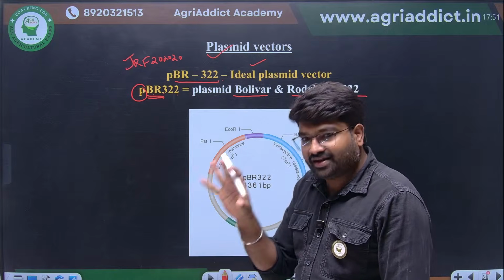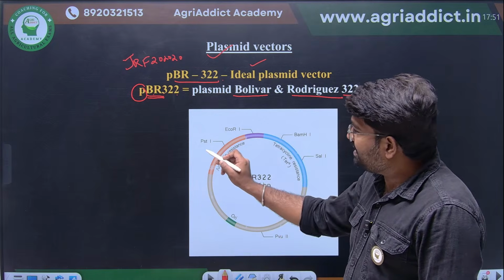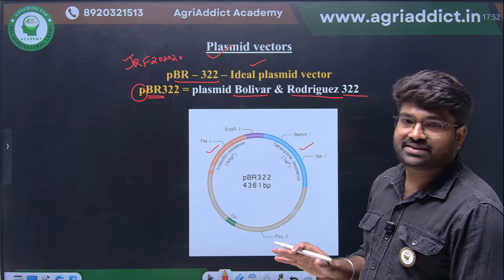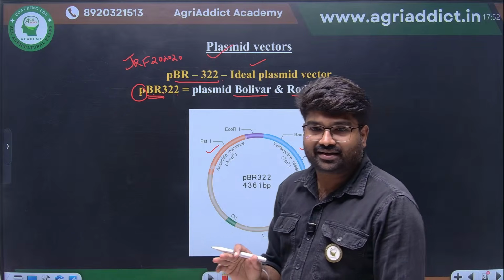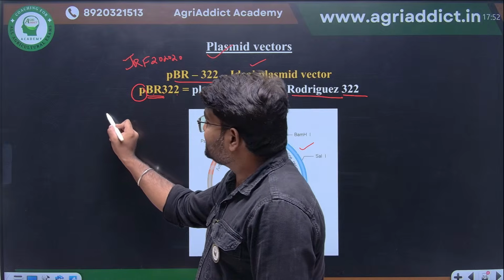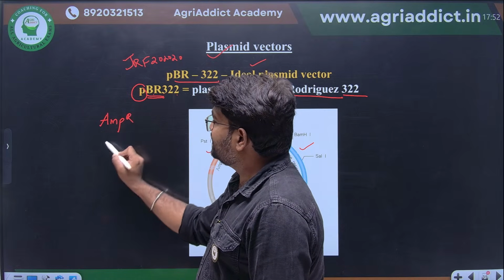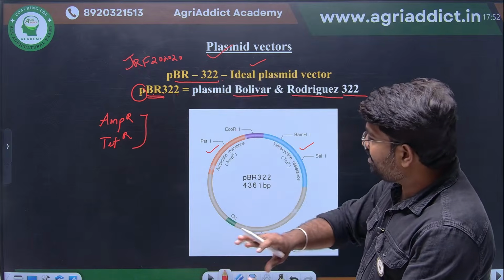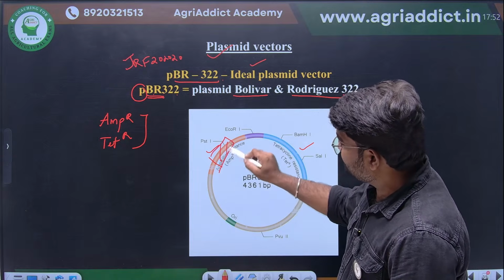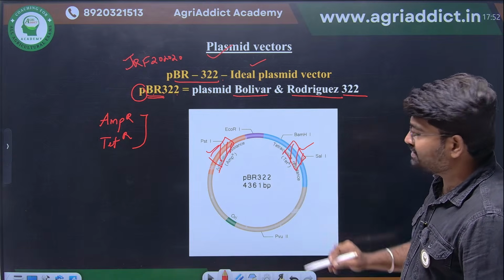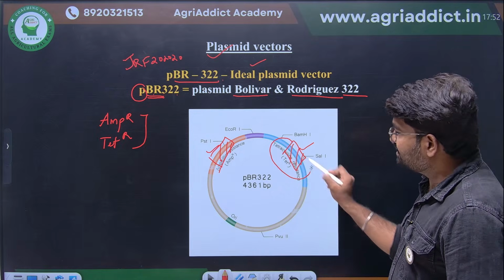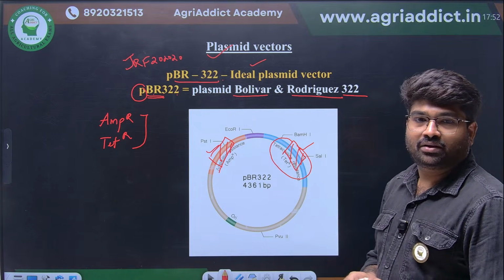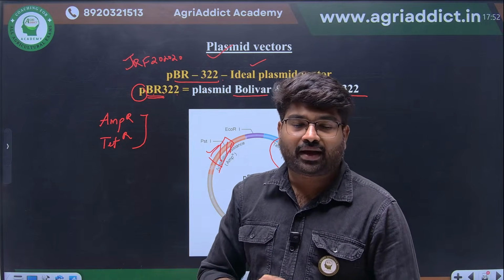The most important characteristic of this vector is that it has two selection marker genes: one is the ampicillin resistance gene and the second is the tetracycline resistance gene. If our gene of interest is inserted in either the ampicillin or the tetracycline region, the function of that resistance gene will be disrupted. Because of this, the bacterium will lose the ability to grow on that particular antibiotic.